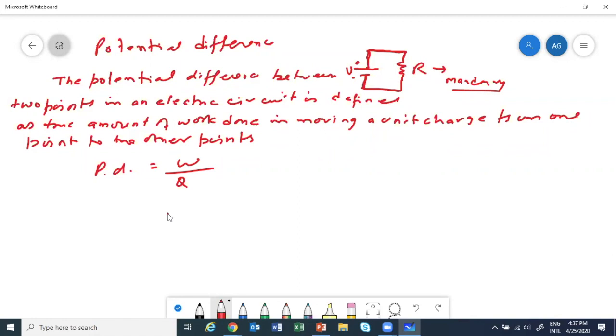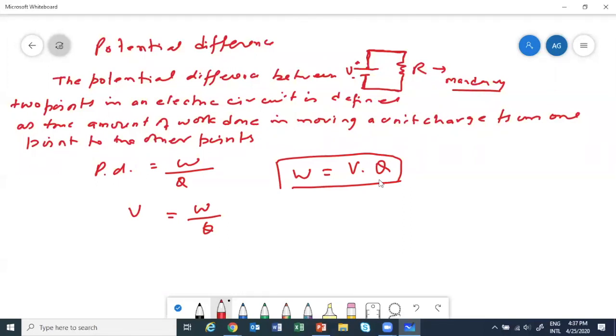We can say PD is V equals W by Q. Cross multiplying, W is V into Q. If you remember the definition of current, current is I equal to Q by T. So Q is I into T. Substituting this value of Q here gives the work done.